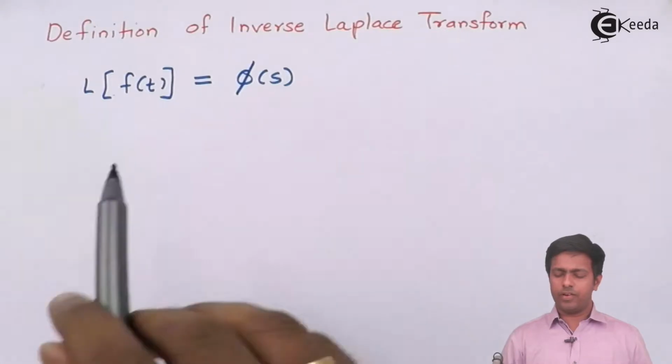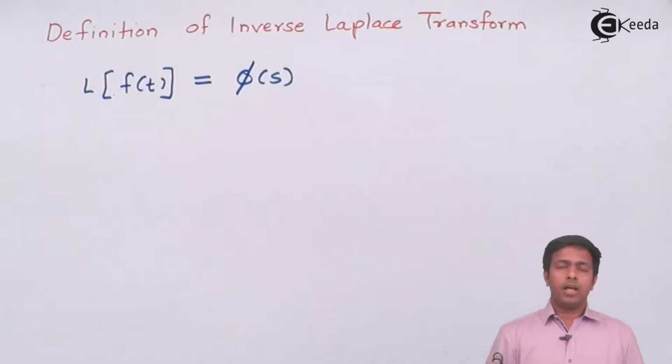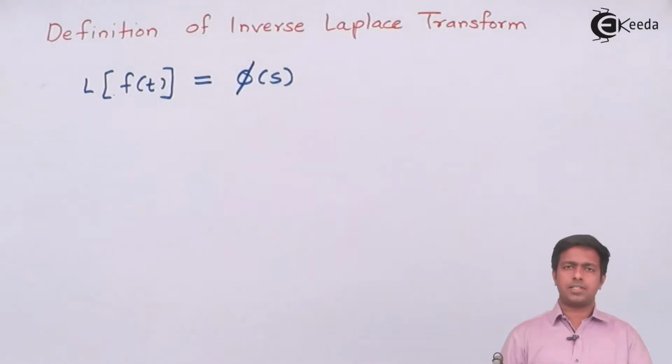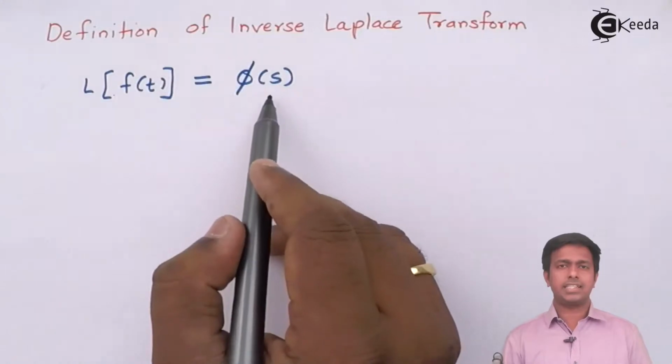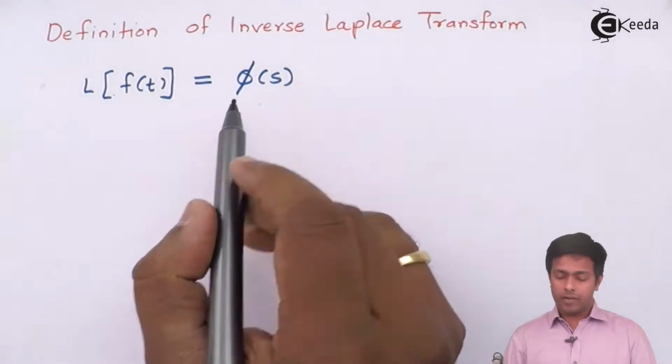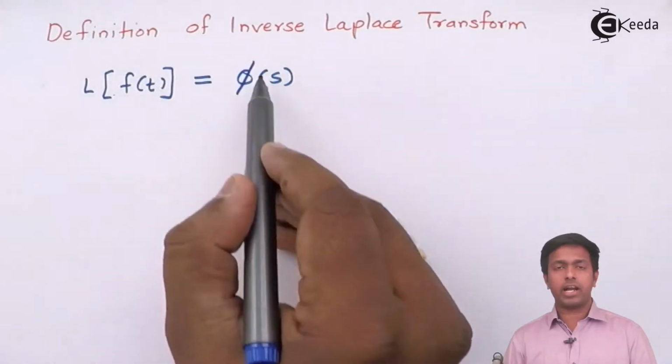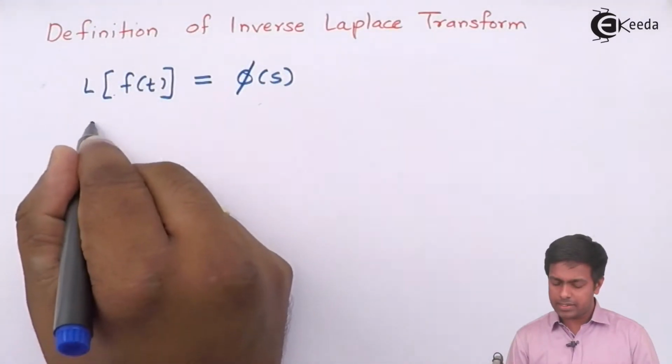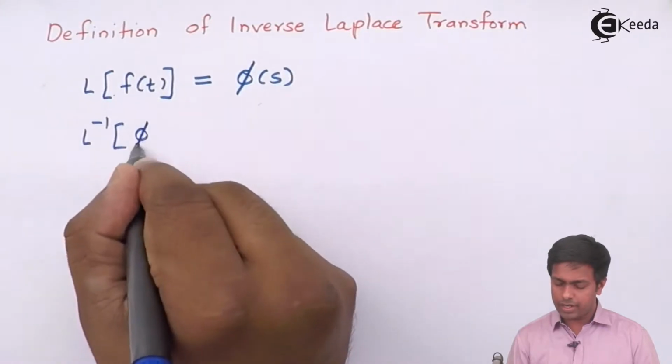This is what we have learned in Laplace transform, and the exact reverse process would happen with inverse Laplace transform. It means if we apply the inverse Laplace transform on a function of s, then we will get a function of t. If I take this Laplace transform to the right hand side, that will become Laplace inverse of a function of s.